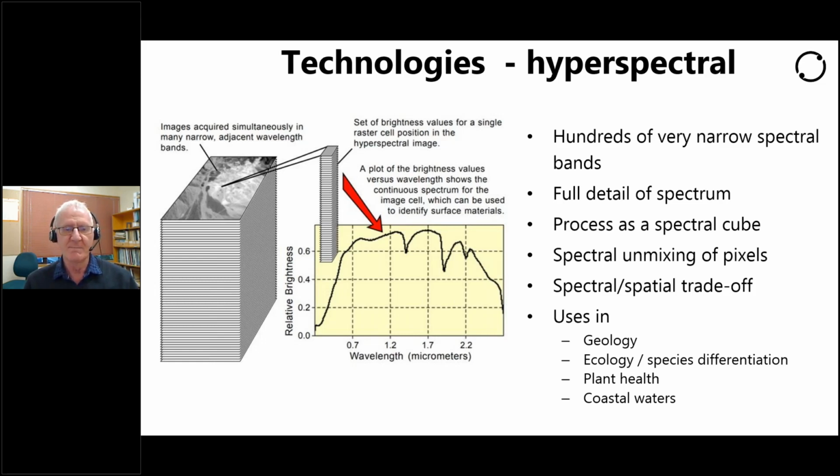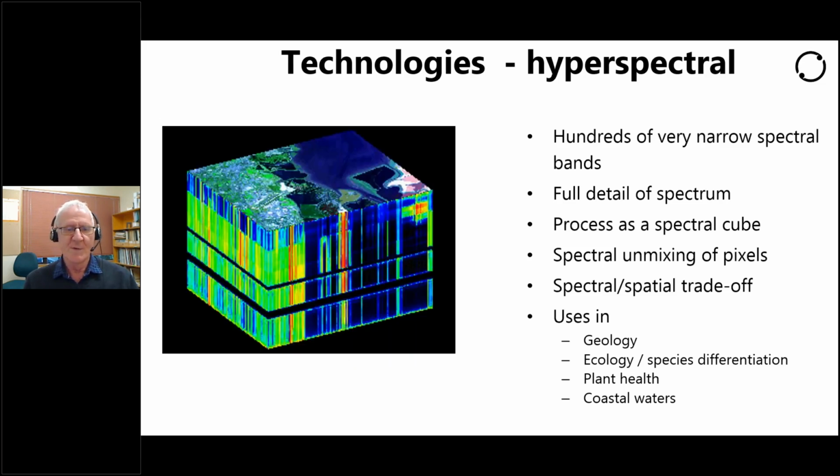It does actually require some differences in the way that you do the analysis. You tend to use the data as a spectral cube rather than looking at individual bands, and it allows you to do some unmixing of individual pixels that might have a combination of target types within them.